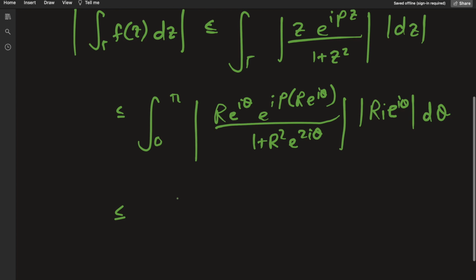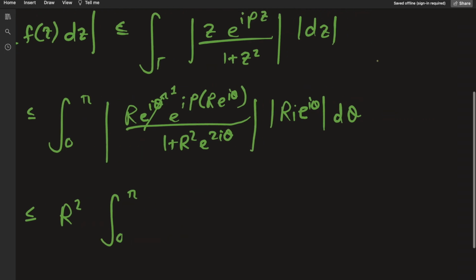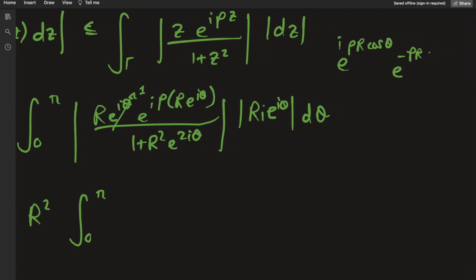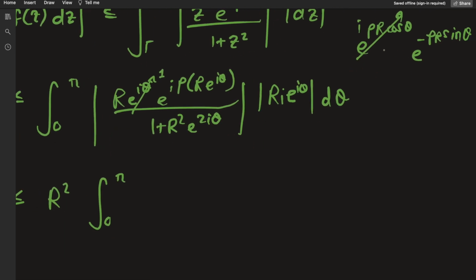And we can simplify this, so r squared comes out. Integral from 0 to pi, this guy will go to 1, absolute value. Now the cosine will go away because this will just be e to the i p r cosine theta times e to the negative p r sine theta. So the cosine will go away because it has i times some weird value.